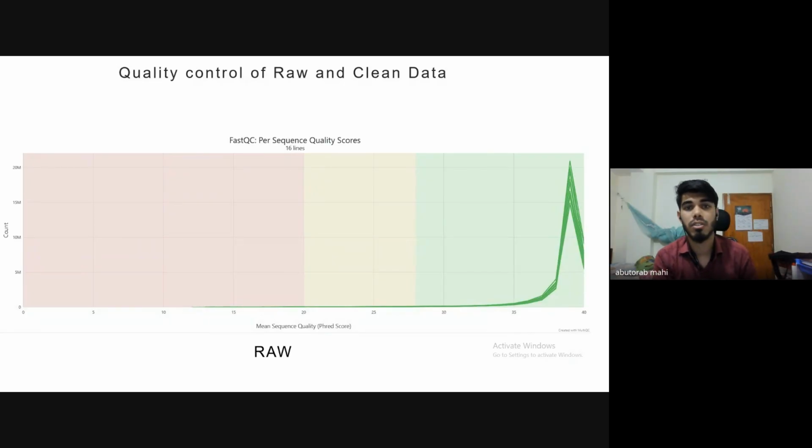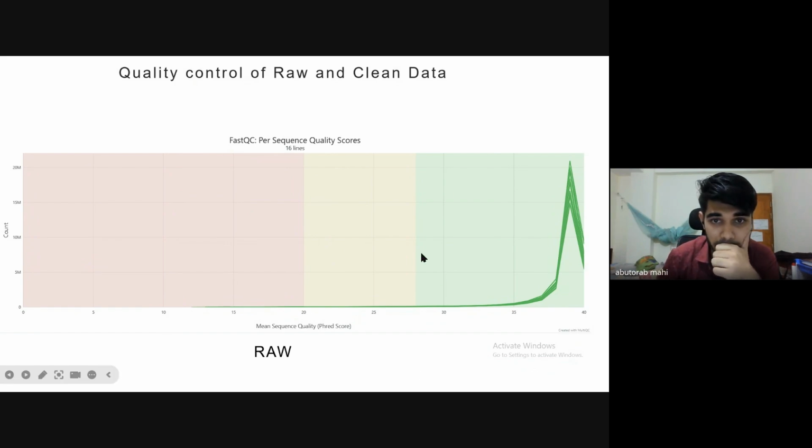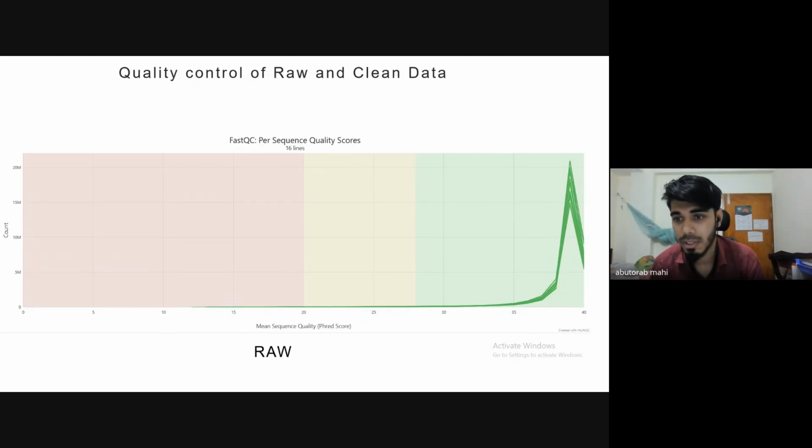First, the quality control of the raw and clean data. Here we show the per base sequence quality scores of the overall samples. So each of the samples have forward and reverse sequences.